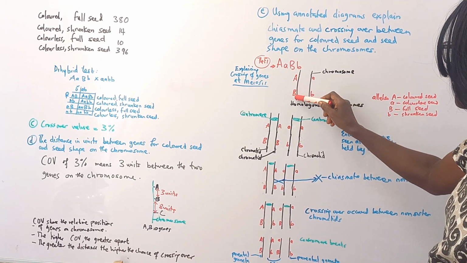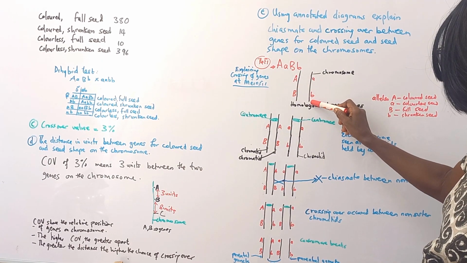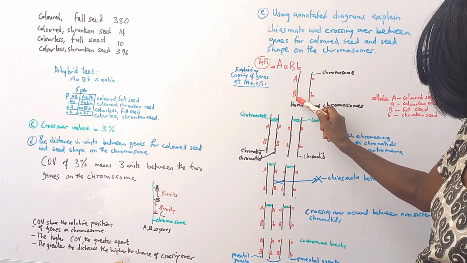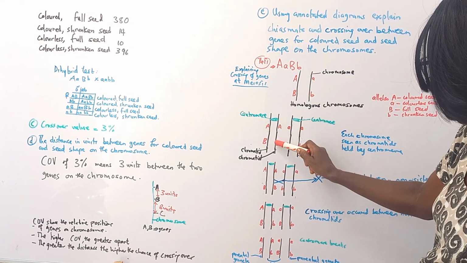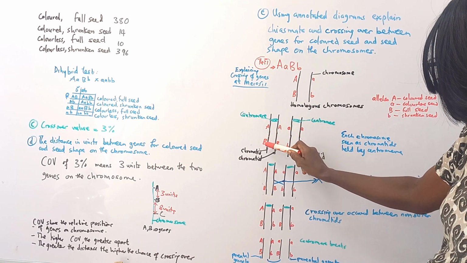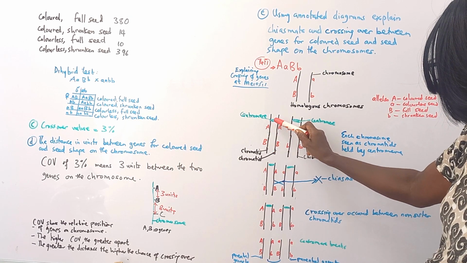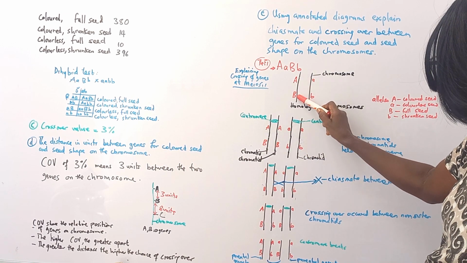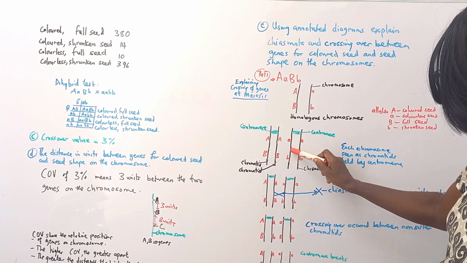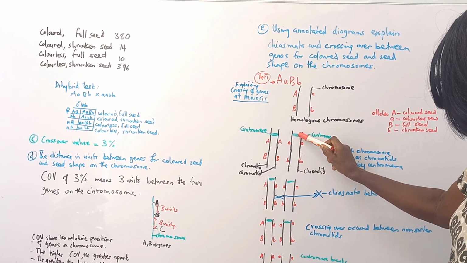So we start with homologous chromosomes like this, and during meiosis prophase, we see the chromosomes as 2 sister chromatids held by a centromere. This chromosome also will appear as 2 sister chromatids held by a centromere.